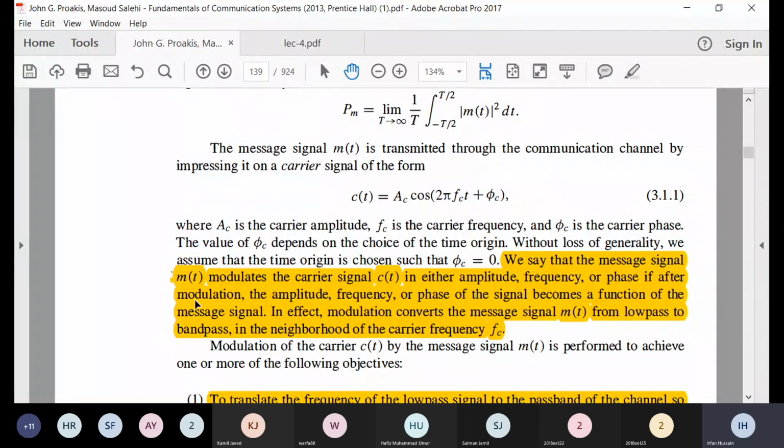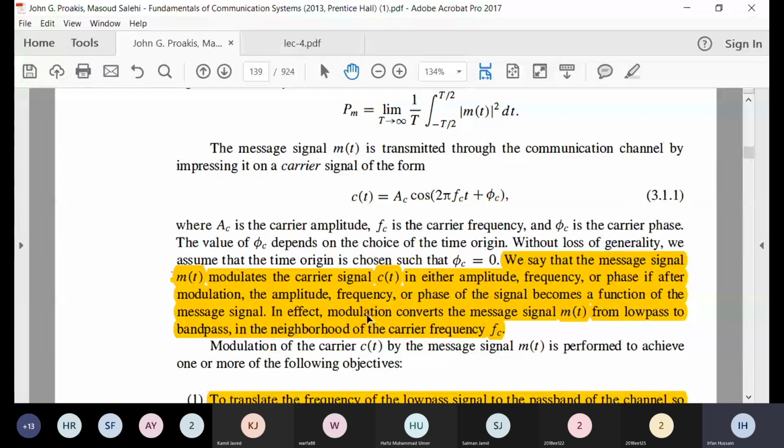After modulation, the amplitude, frequency, or phase of the signal becomes a function of the message signal. So it will be changing it, and hence the output modulated signal depends on the message signal, how it has transformed the carrier signal.